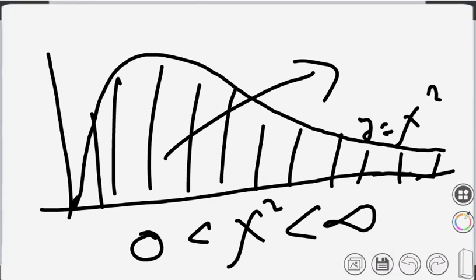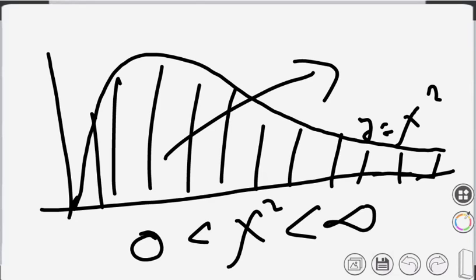As with all the other curves we have talked about, chi-square is a continuous variable, so the distribution is a continuous probability distribution. It is not symmetric.